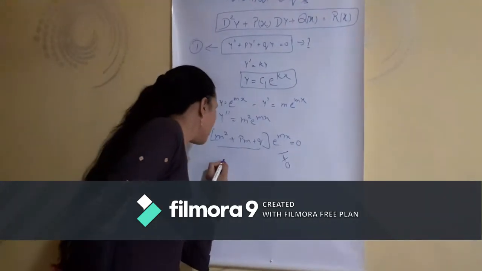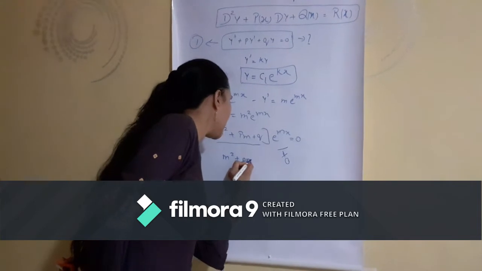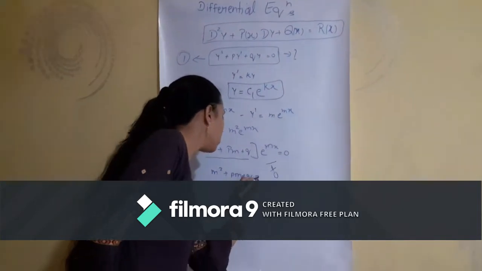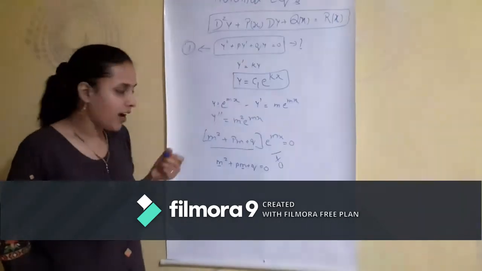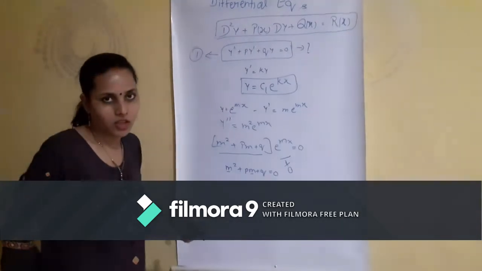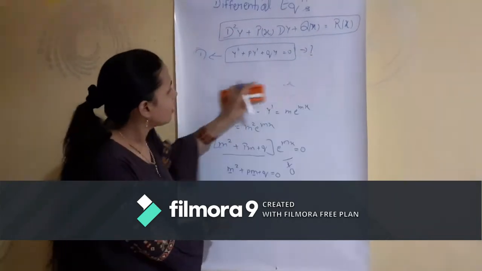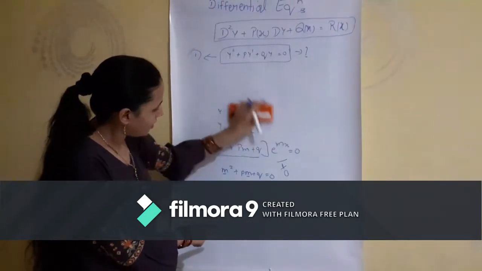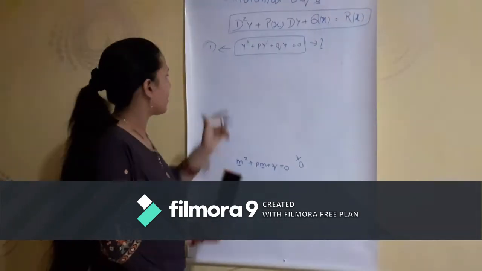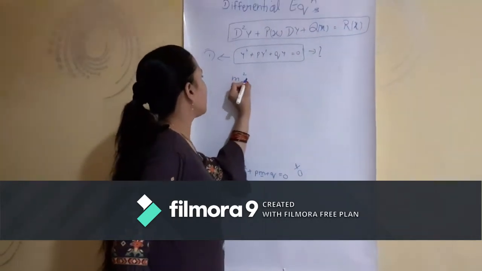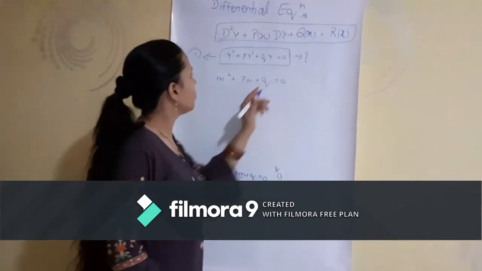So equating m^2 + pm + q = 0, here m is a variable which we have to find out, which m will satisfy this differential equation. As now this is nothing but an algebraic equation, we can write it again here as m^2 + pm + q = 0.